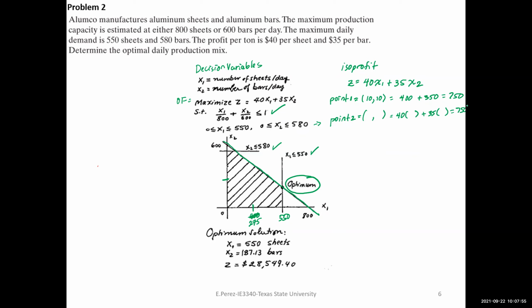Yeah, so this, yes, 750. So again, you will find that second point. There's no way for me to divide 750 by 35 and get an integer number. So these numbers will be fractional values. Maybe if I choose another combination.